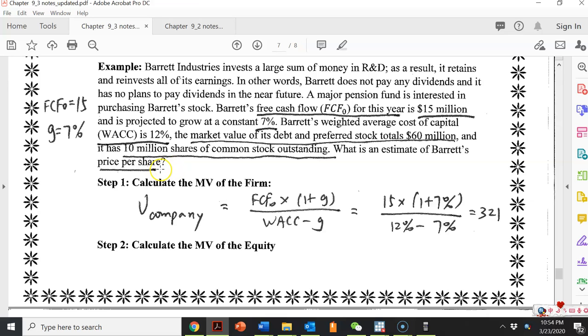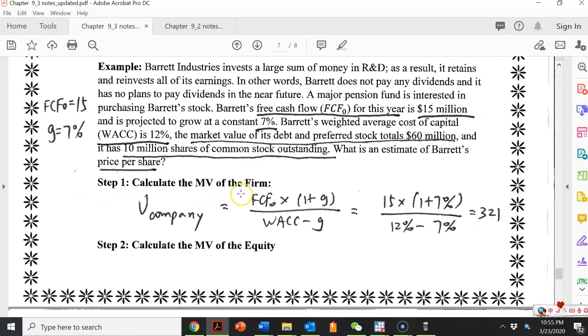Okay, so we're looking for price per share, the stock price, but we don't have dividends here, so we cannot use dividend discount model. However, we know free cash flow here, so we can use free cash flow model. And there's only one stage here, so we can use constant growth model for the whole time period. We only have one growth rate, 7% here.